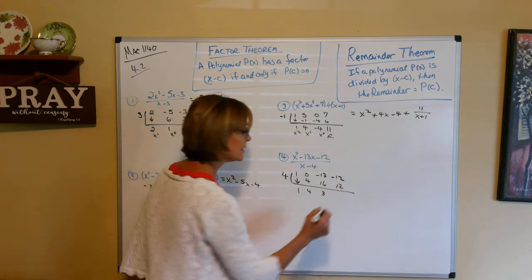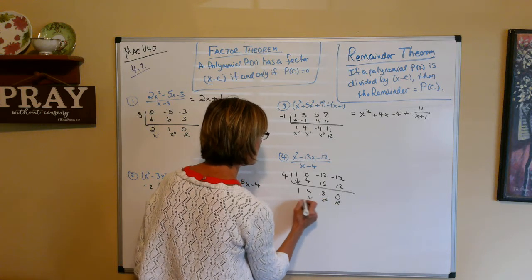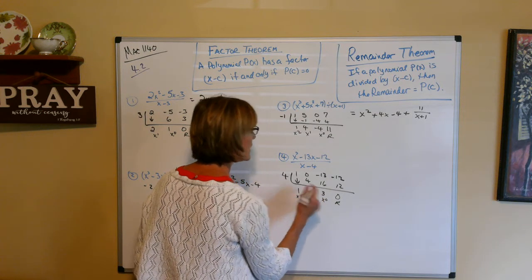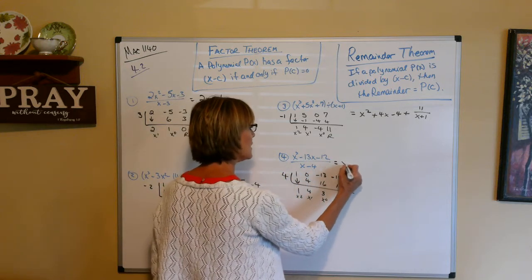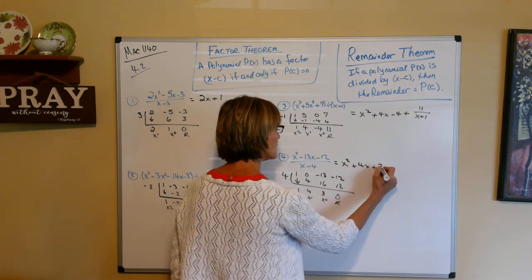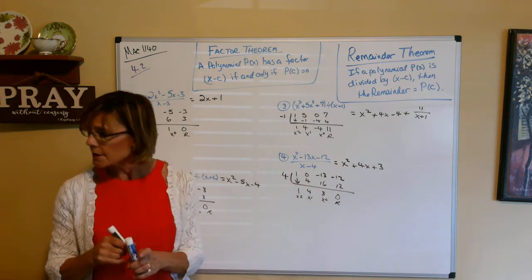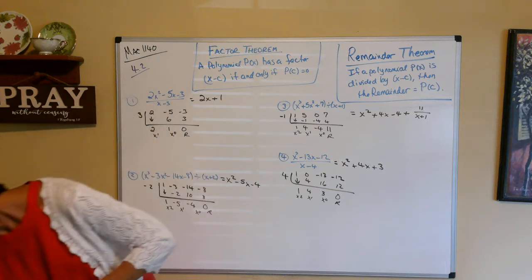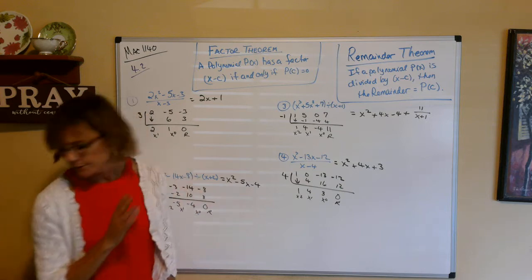Negative 12 plus 12 is 0. This is my remainder, x to the 0, x to the 1, x squared. That means that this polynomial divided by that polynomial is equal to 1x squared plus 4x plus 3, and the remainder was 0. Okay, that was part A. It said simply to divide using synthetic division. So we did that.